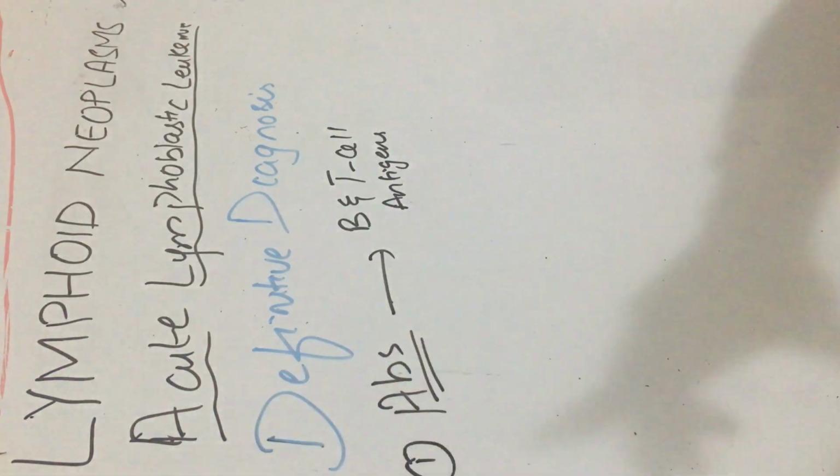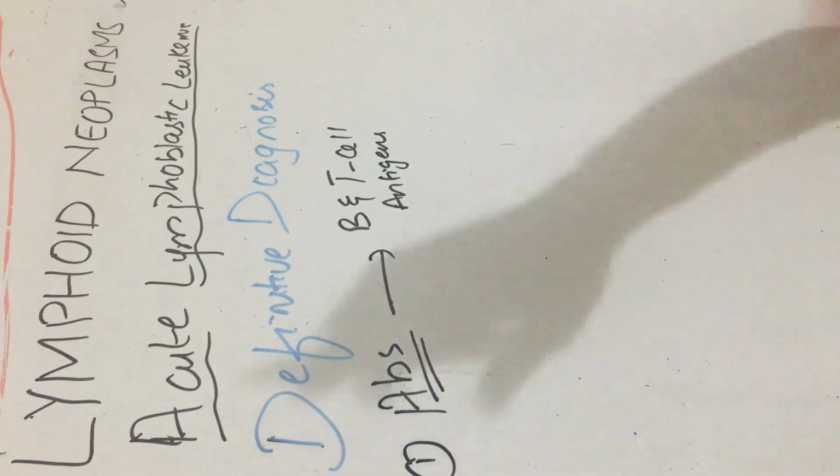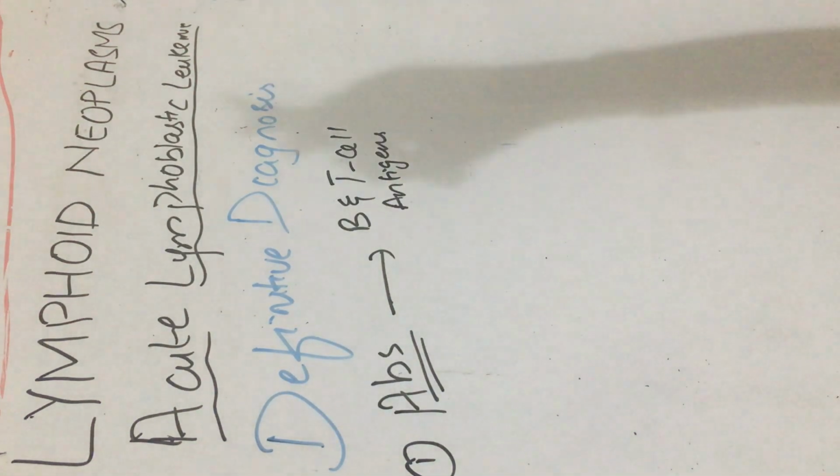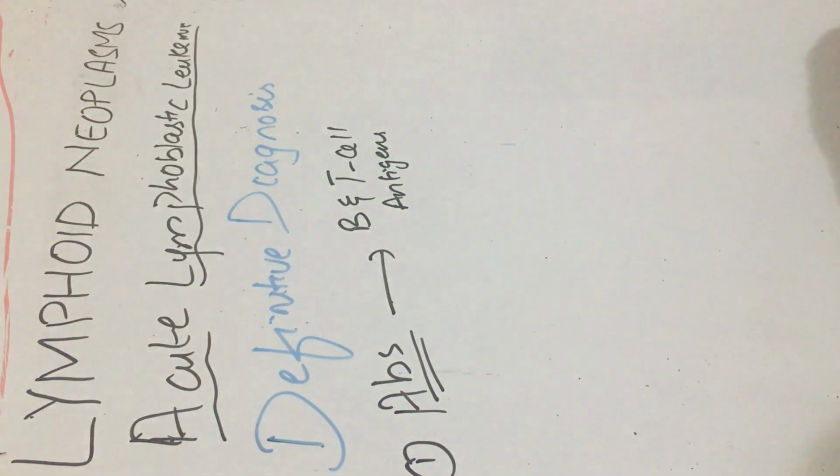The first method is by staining. These stains contain antibodies specific for B and T cell antigens, and in this way we will diagnose acute lymphoblastic leukemia.